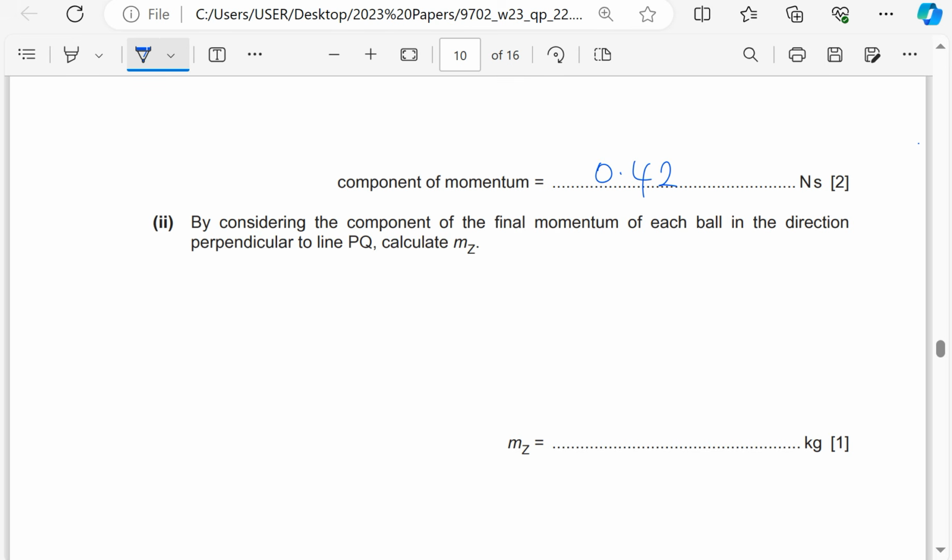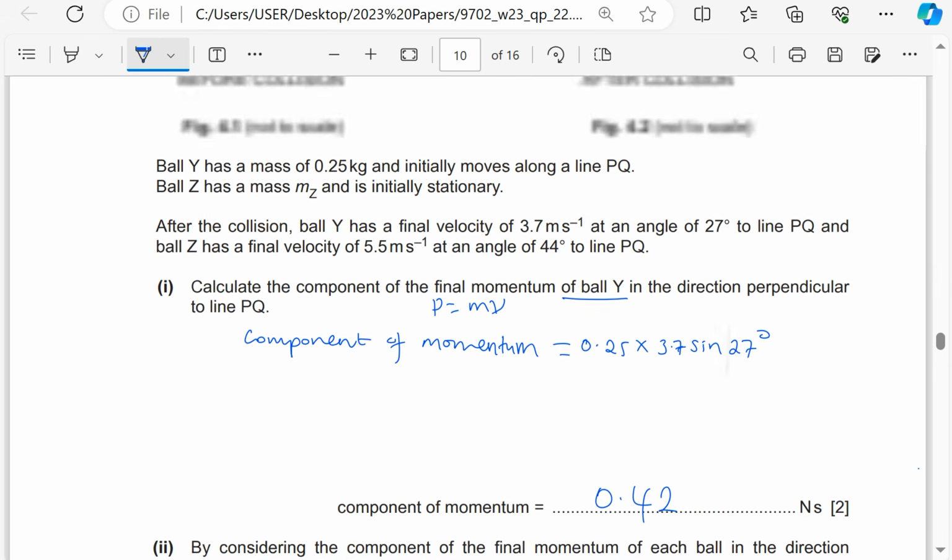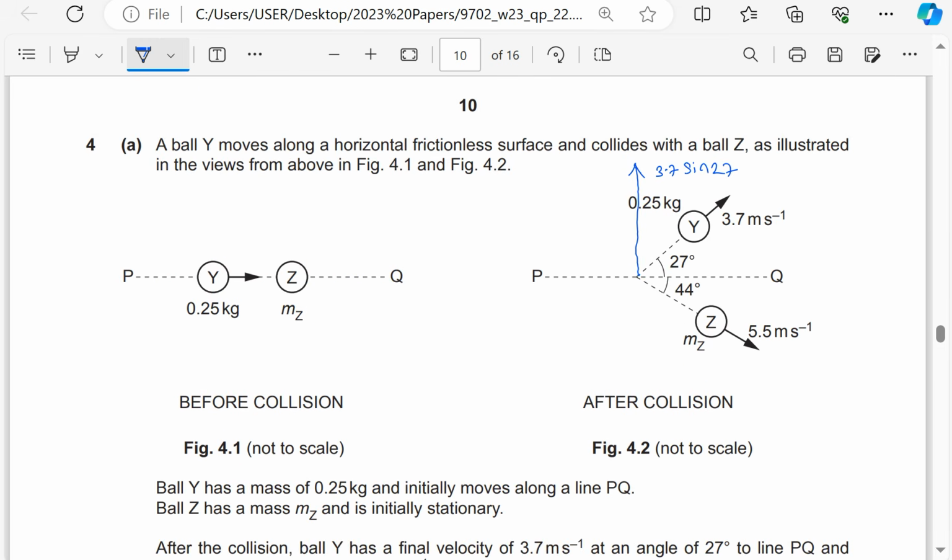By considering the component of the final momentum of each ball in the direction perpendicular to line PQ, calculate mz. So upwards is 0.42. It should be equal to downwards by conservation of momentum. So the momentum in the vertical downwards, the speed here is 5.5 sine of 44 degrees, times the mass of z.